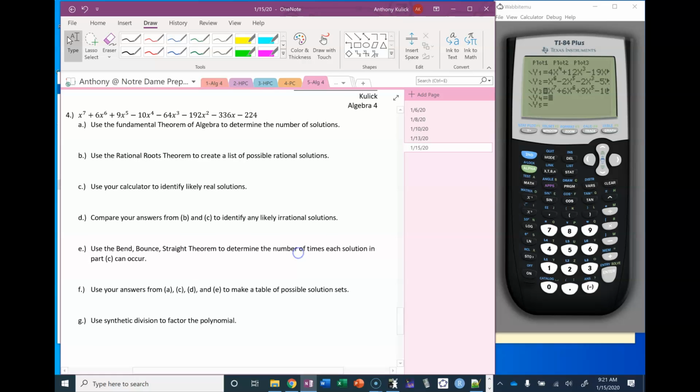All right, number 4, part A. How many solutions? Okay. Oh yeah, Mr. Kulik, why you're so mean? What's our list? Plus or minus 1, 2, not 3. 4 of those should work, right? 5 won't work. 6 won't work because 3 didn't work. 7 obviously doesn't work.